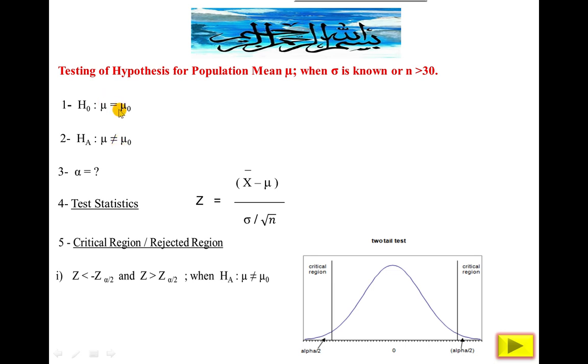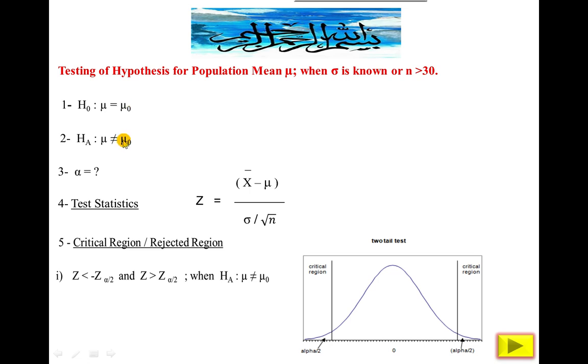Not equal to means less than and more than. This is also called a two-tailed test. I have explained this in the previous topic. If null is less than or equal to, alternate will be more than. If null is more than or equal to, alternate will be less than, because the alternate is the opposite setup of the null hypothesis.